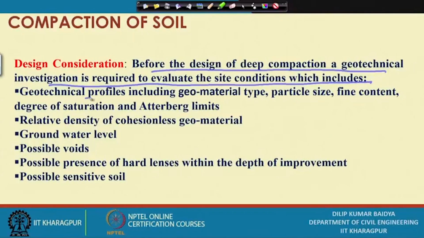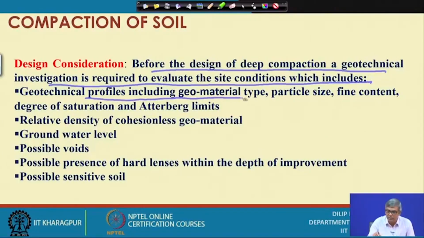So, you have to do a geotechnical investigation, and then you have to first characterize the material, and at the same time we have mentioned that if the water table is at a higher level, then also it is not that effective. So, that also has to be seen. And the geotechnical properties profile includes geomaterial type, particle size, fine content, degree of saturation, and Atterberg limits. This has to be an essential part to be seen. Relative density of cohesionless geomaterial.